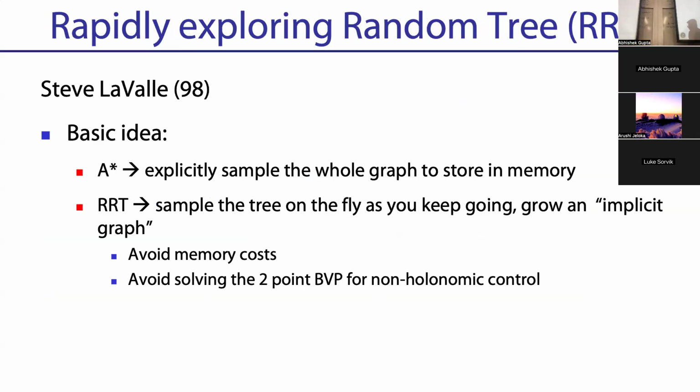So instead of trying to construct an explicit graph, you're trying to construct an implicit graph. You don't actually store the whole graph in memory, you only grow it as you go. As a result, you don't waste as much time on memory. You can avoid this two-point boundary value problem. I'll talk about how. But it tends to be a lot more practical for many problems.